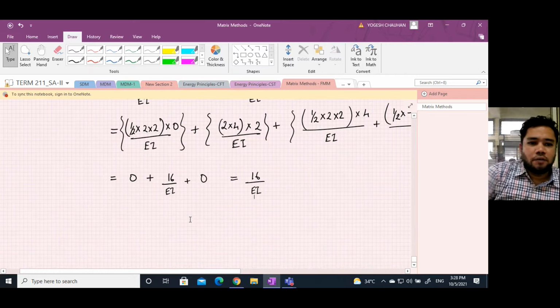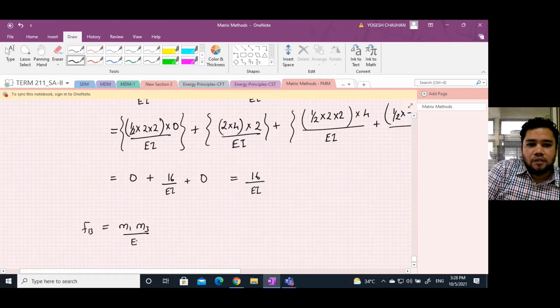Now we find F13. That means Fm1 M3 by EI. Now this will be same as F31, which will be equal to M3 times M1 by EI.